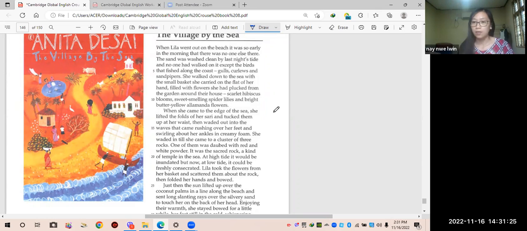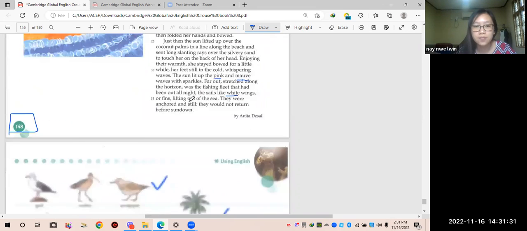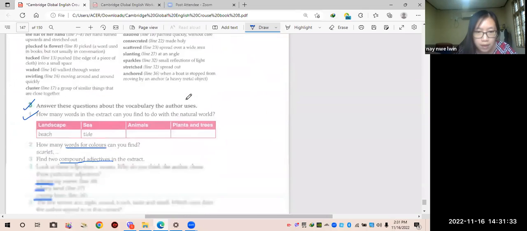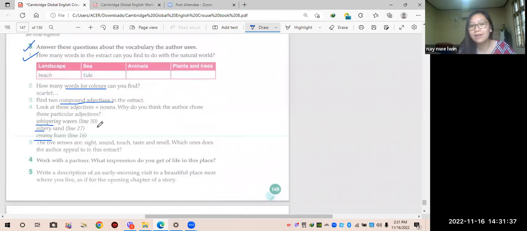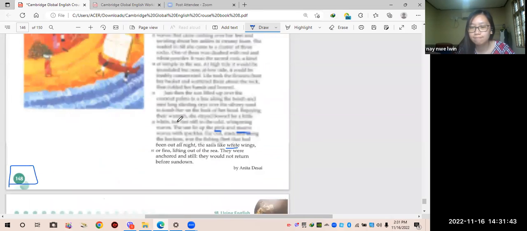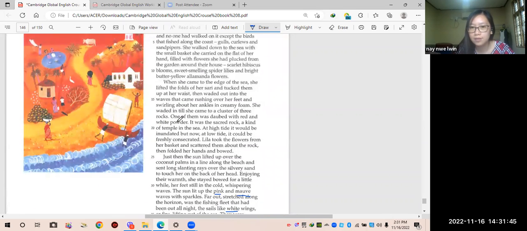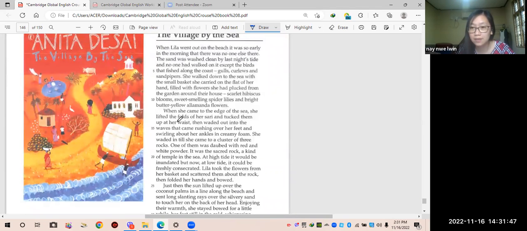Did you find the vocabulary concerned with the senses? Yes. Okay, so let's find the senses one by one. Can we find the sense of sight vocabulary in the text?